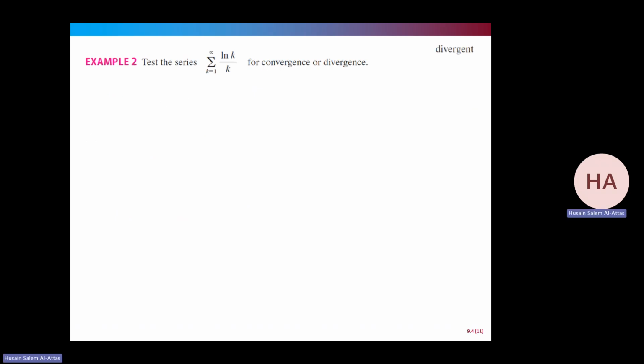Now ln k over k. We know that for ln k, I have ln 1 plus ln 2 plus ln 3 plus something. This is 0, this is a value, this is more than 1.